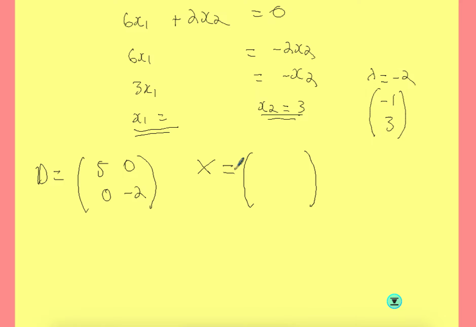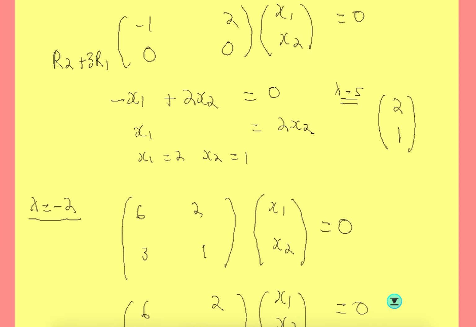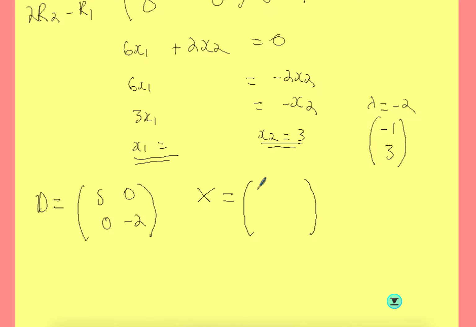For lambda equals 5 it goes down this one because it corresponds to 5 being in this row. So when lambda was equal to 5, my eigenvector was 2, 1. So 2, 1 goes in here. And I need the eigenvector that corresponds to -2 in here, and that's -1, 3.